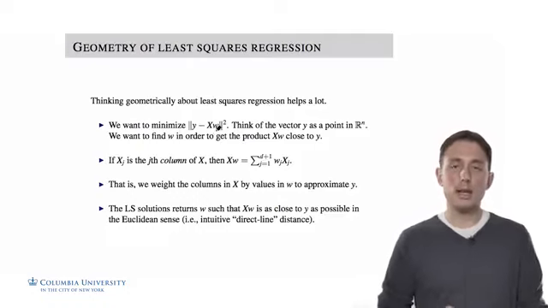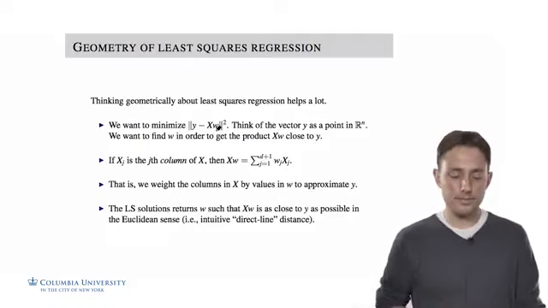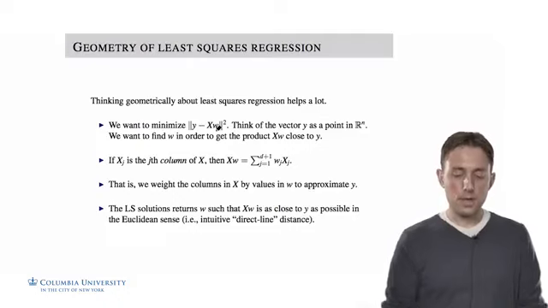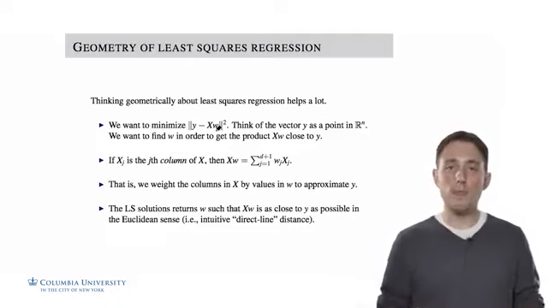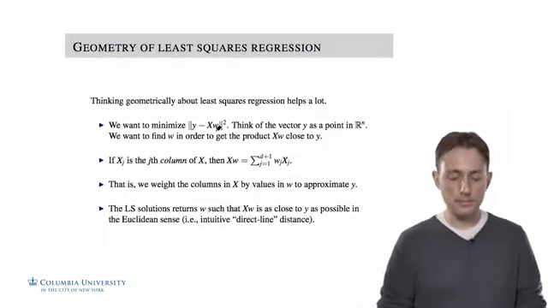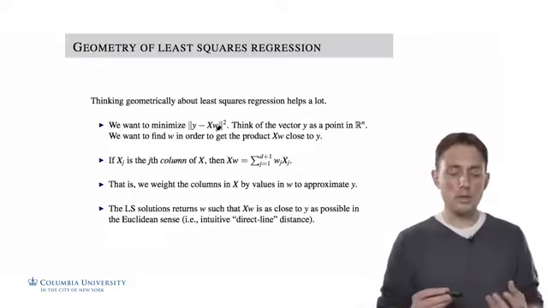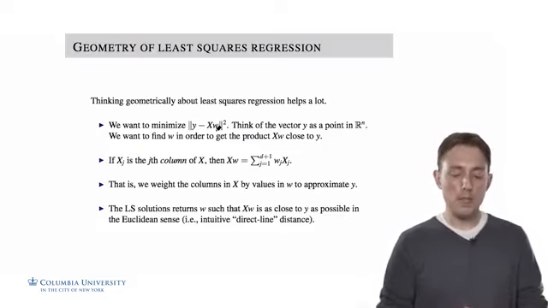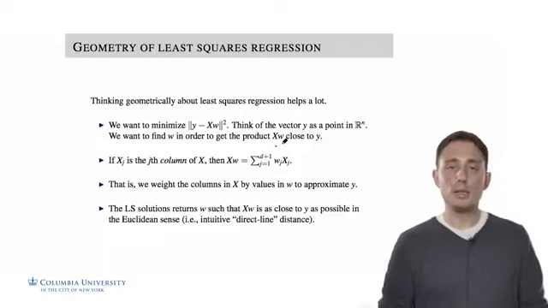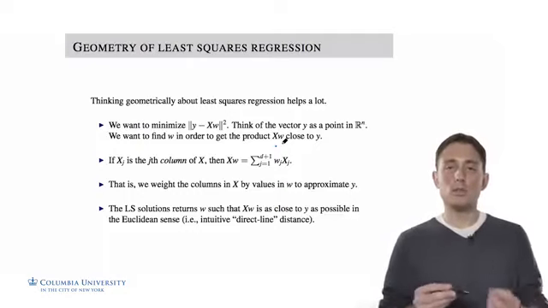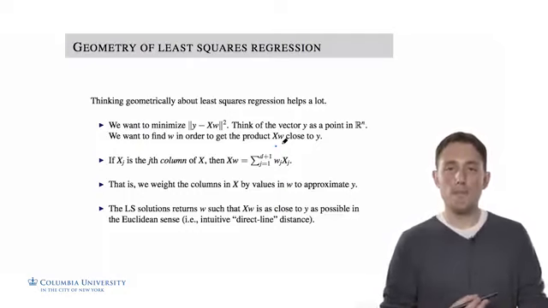And the weights then are what we want to learn. So we can think of y as some point in Rn, a very high dimensional space if we have many observations. And what we're trying to do is find a vector w in order to get this matrix vector product physically close to the vector y in Rn.